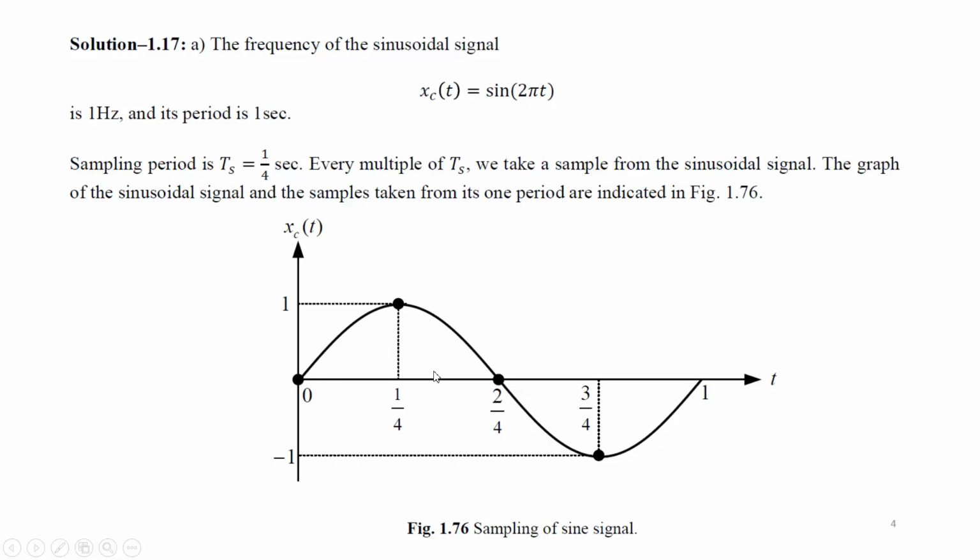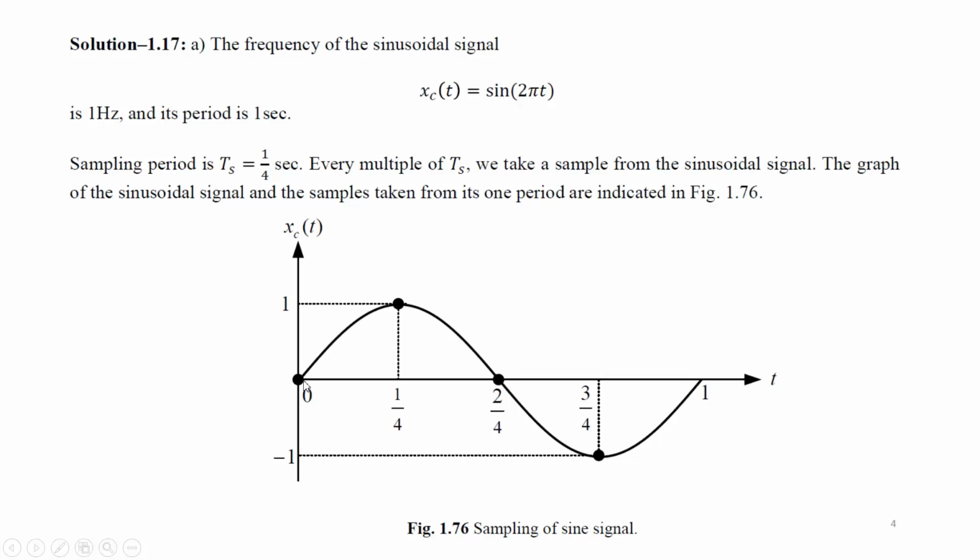So if you look at the graph going from the origin to this point, this is 1 second. Within 1 second, only one cycle is there since the frequency is 1, and we will take 4 samples at a sampling period of 1 by 4 second. We take the first sample here, second sample here, third here, and the fourth sample here. The next sample will come for the next cycle. So this is how the sampling will be done.